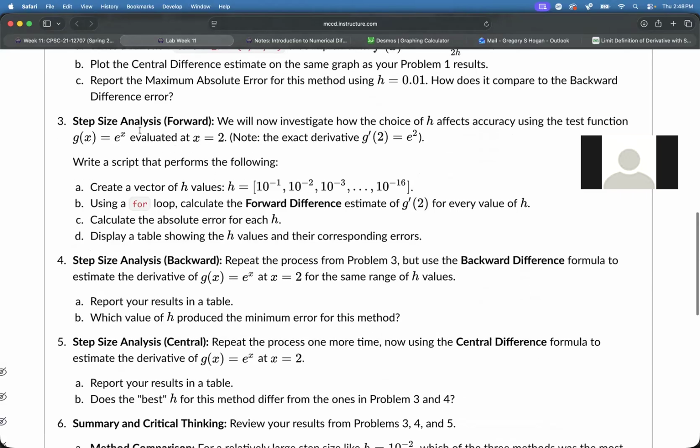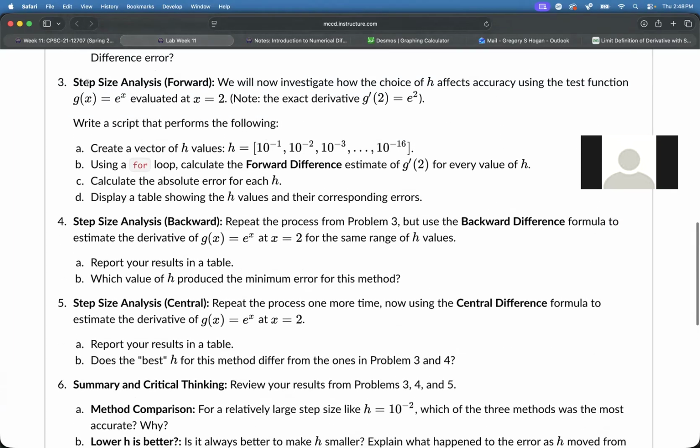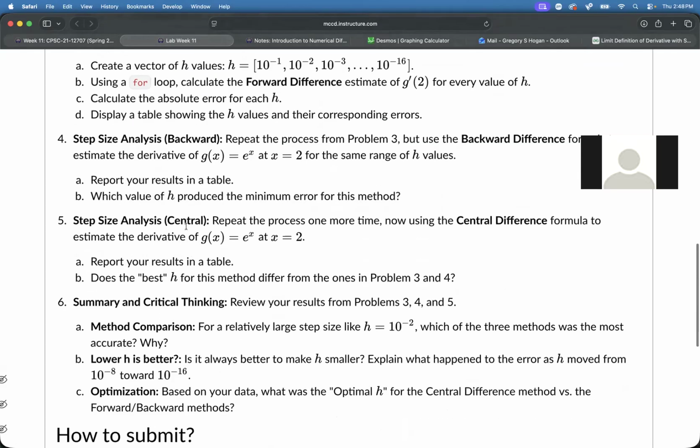We're going to try out different step sizes. I would recommend you look at what we just did earlier in this video in order to do that. You're going to basically do the same thing for forward, backward, and central differences, where you check out what H value gives you the best result for each of the methods.